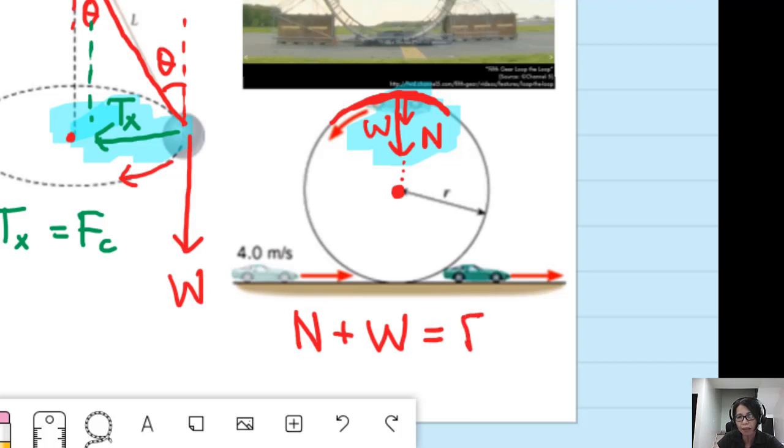So the normal force plus the weight of the car, both pointing towards the center, act as centripetal force. They contribute to the net force that enables the car to accelerate in circular motion. So this is what I mean: any force or component of forces that acts along the radius and points towards the center will act as centripetal force.